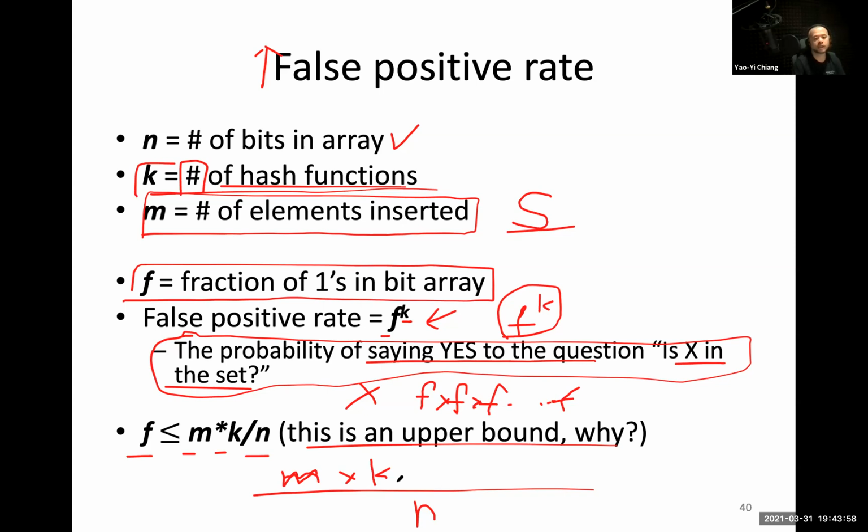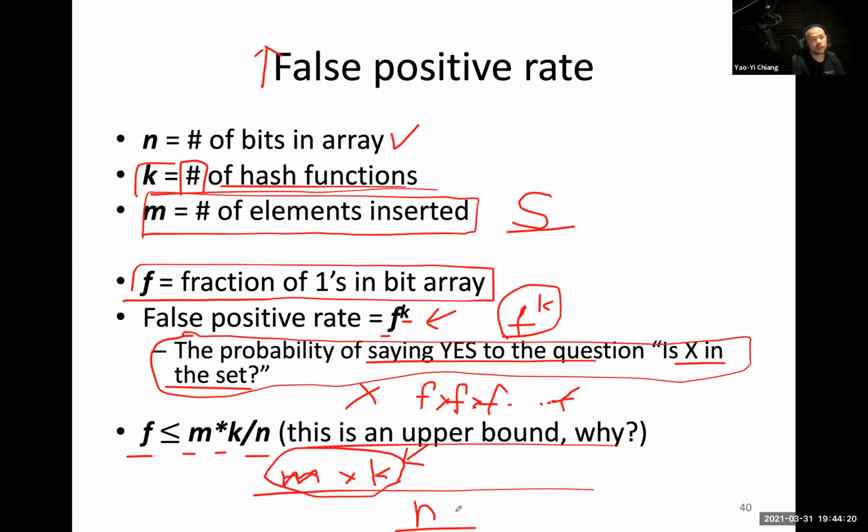And if there is no collision, this is the maximum number of ones that you can set by using all the elements in your S set. And by dividing this number by n, you have the fraction of 1s in your bit array.